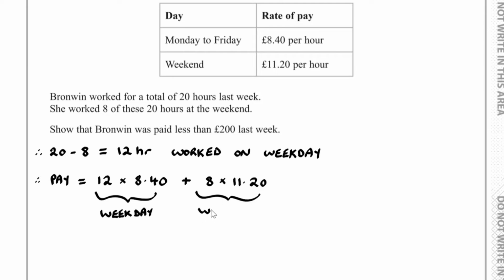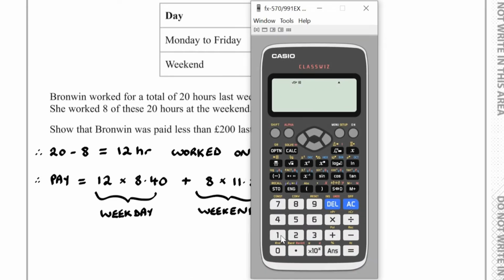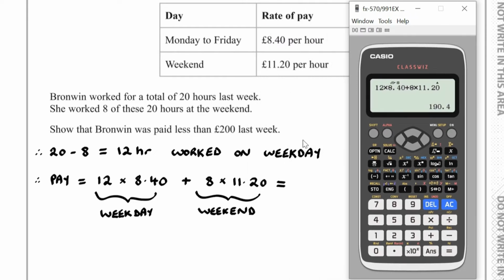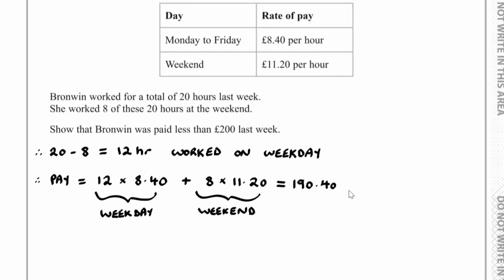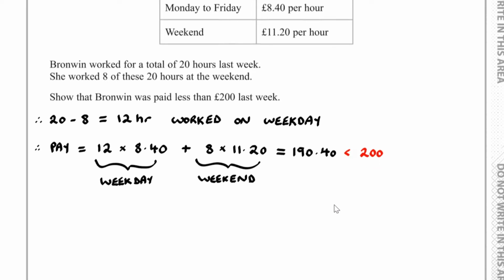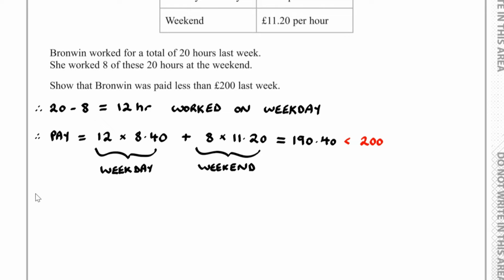So this is the weekend pay. So 12 times 8.40 plus 8 times 11.20. This is £190.40. And this amount is less than the £200. That's exactly what we wanted to show.